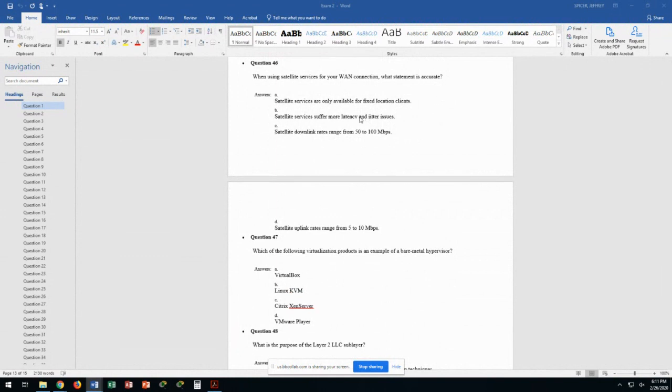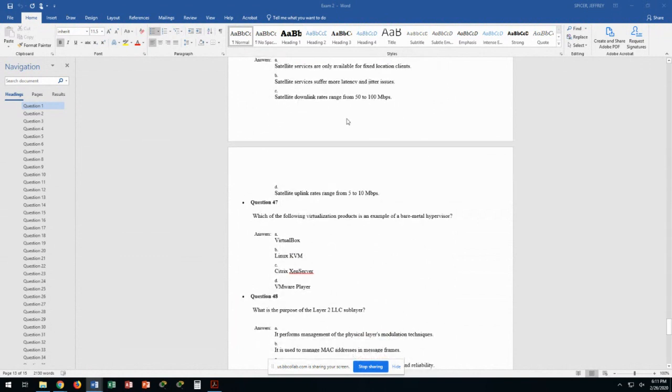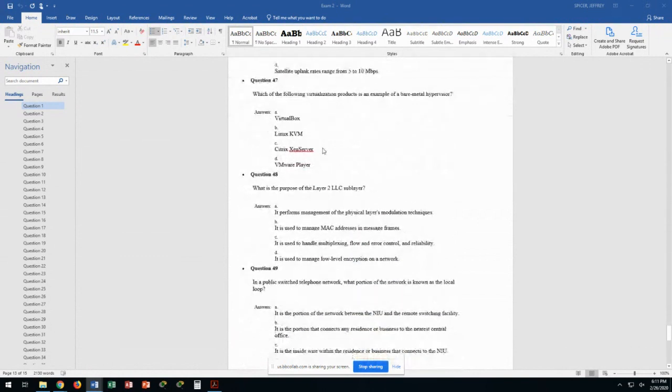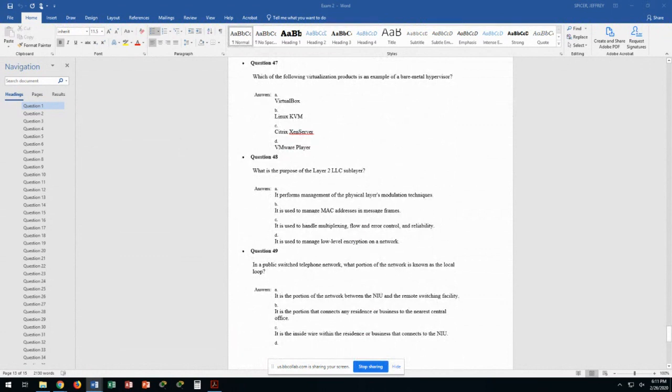B, satellite service suffers more latency and jitter. 47. Which of the following is an example of a bare metal hypervisor? Citrix XenServer is a bare metal hypervisor.